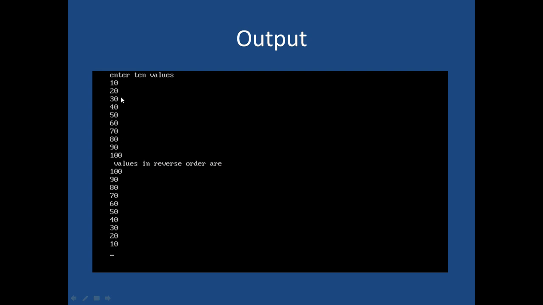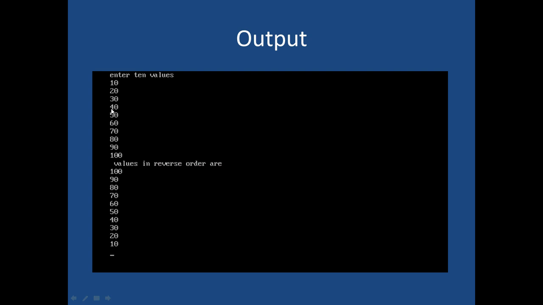The input loop is from 0 to 9, and when we reverse the loop the result will be in this form: x of 9, x of 8, x of 7, x of 6, x of 5, x of 4, x of 3, x of 2, x of 1 and x of 0. So we entered from 10 to 100, and when the array is displayed it is in reverse order, starting from 100 down to 10.